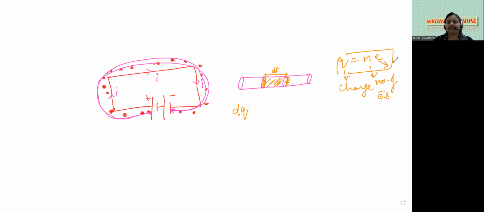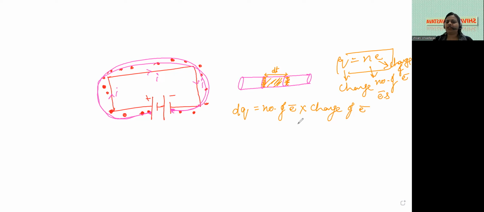Okay. And e is charge of electron. So here we are talking about very small area, so we will say dq is equal to n, number of electrons, into charge of electron. Right?